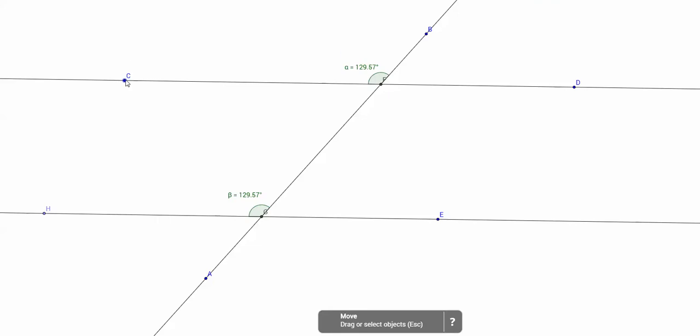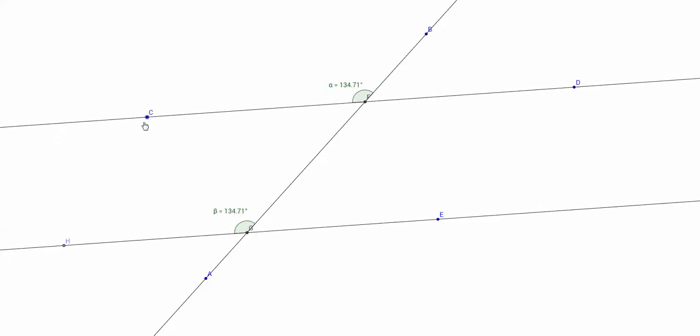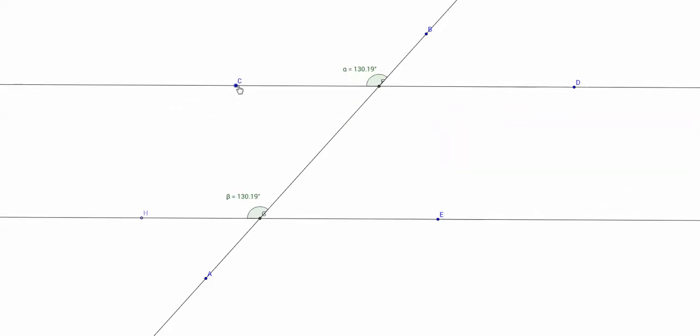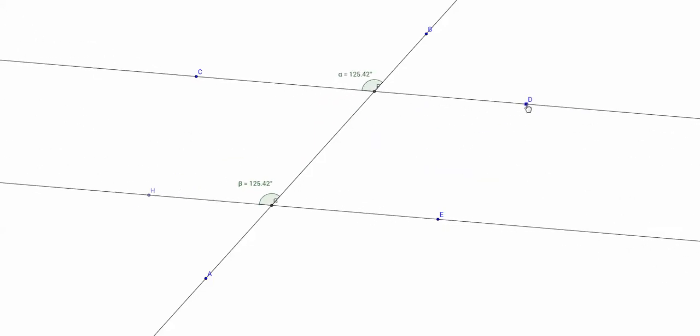So the way that it's constructed is the lines are parallel. So I'm going to move C, and notice when I move C, it moves the other line. And also notice what happens to the angles. 142.2, 142.2. It doesn't matter. If I move D, same thing. Okay, and now let's just measure the rest of these angles.